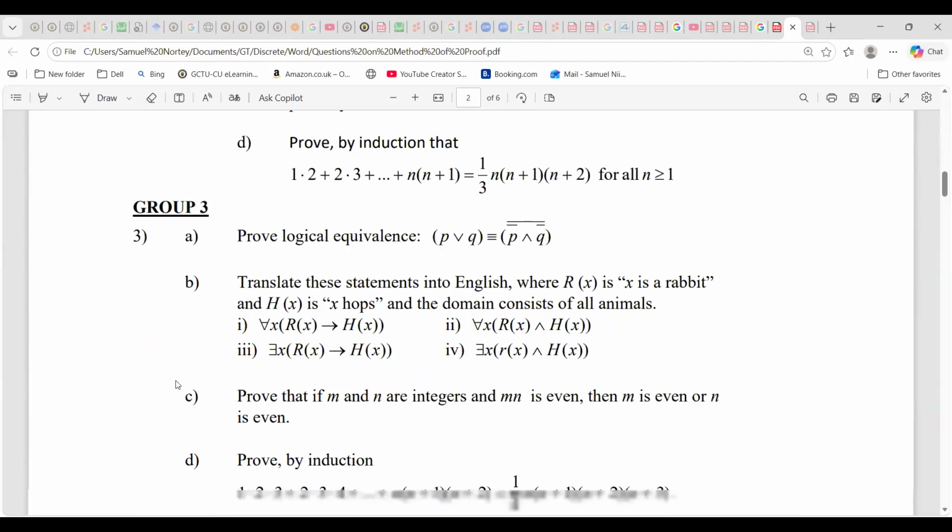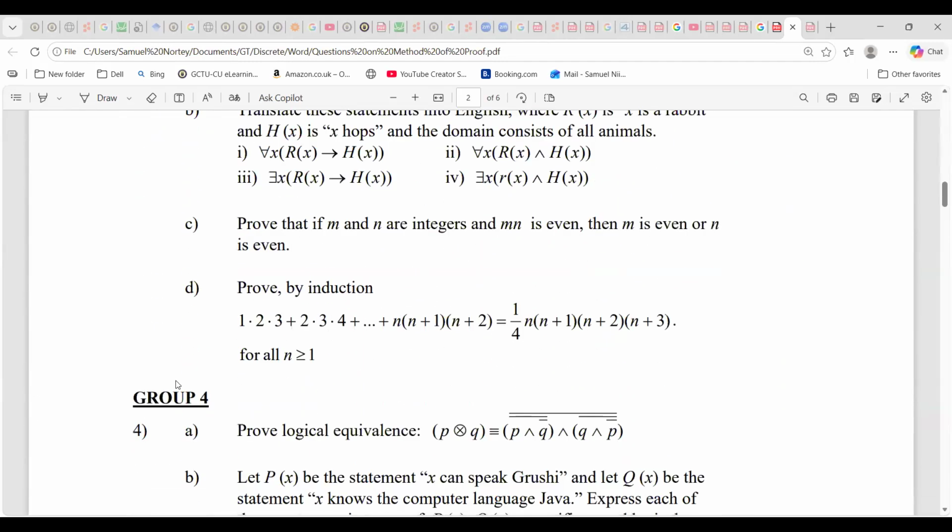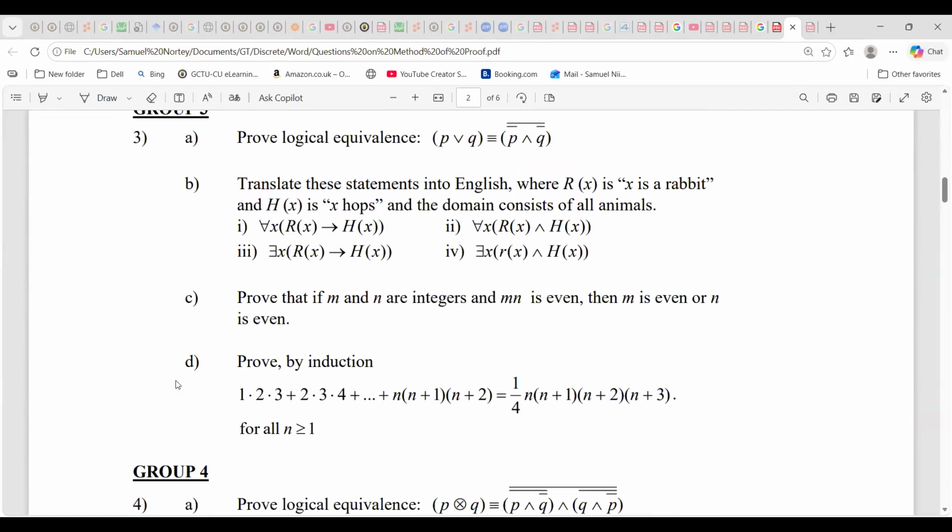They will just tell you to choose an appropriate method to solve it. For example, prove that if m and n are integers and m times n is even, then m is even or n is even. You see, they didn't tell you which method.